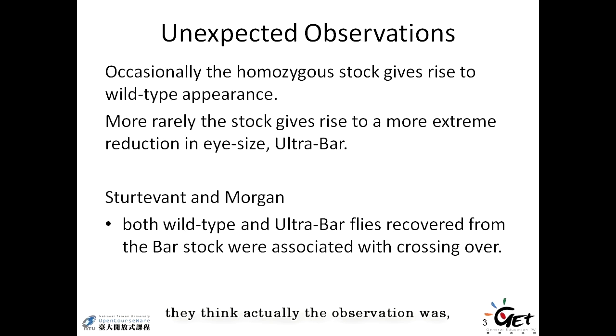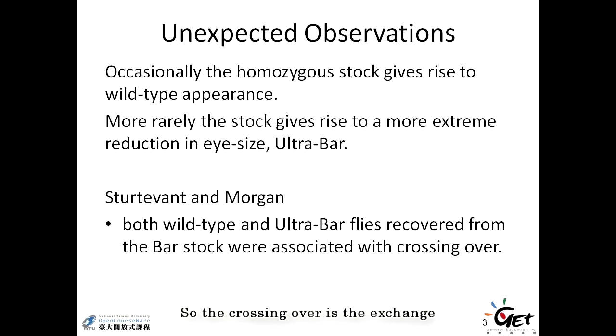Using the crosses, Sturtevant and Morgan hypothesized something. Every time they observed a wild type revertant, meaning it reverted from the bar mutant to the wild type state, or the ultra bar, the even narrower eye phenotype, in these two extreme phenotypes, the origin was always associated with crossing over.